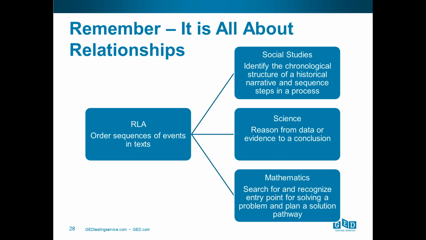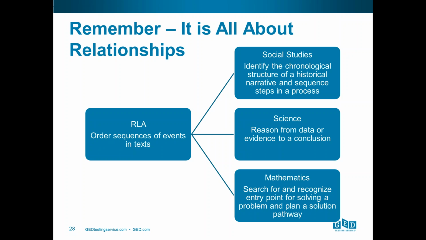In social studies, it's about some kind of chronological structure, or how there are different steps in a process. If you take a look at science, if we're going to do a scientific design, or we're going to look at a hypothesis, there's a sequence to how that occurs. So if our students learn it in one area, they're applying it to the other. And then when we get to mathematics, our students don't always realize that there's a process.